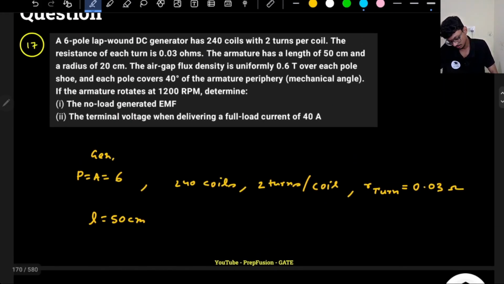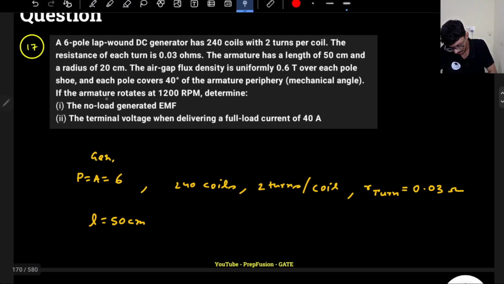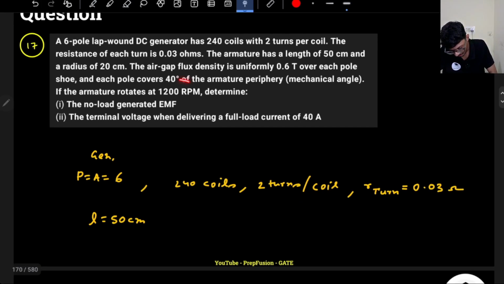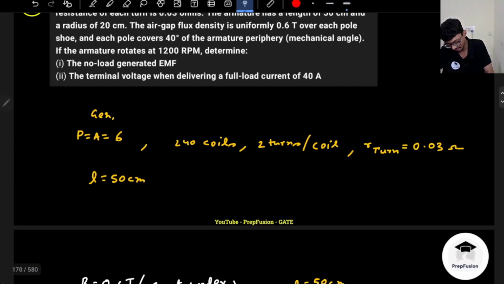If the armature rotates at 1200 rpm, determine the no load generated EMF. So N they have given me, N is 1200 rpm.